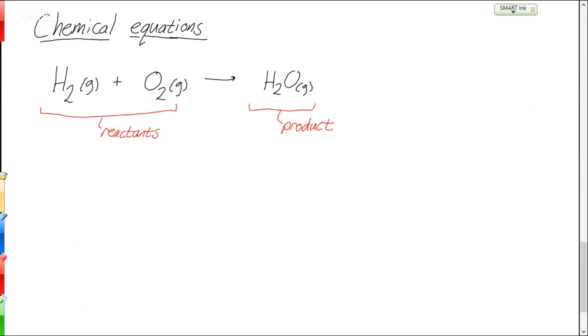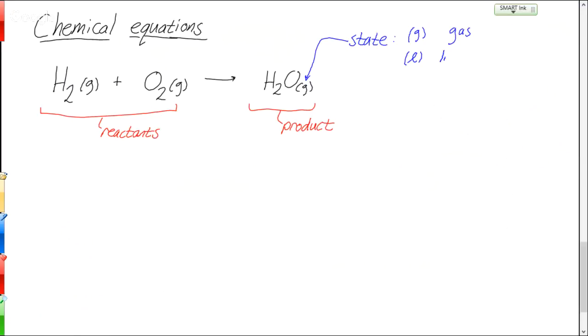Yeah, if you've seen this sort of thing before, these little letters in parentheses tell us the state of each compound. There are four common abbreviations that we use for the state. We've got G for gas.